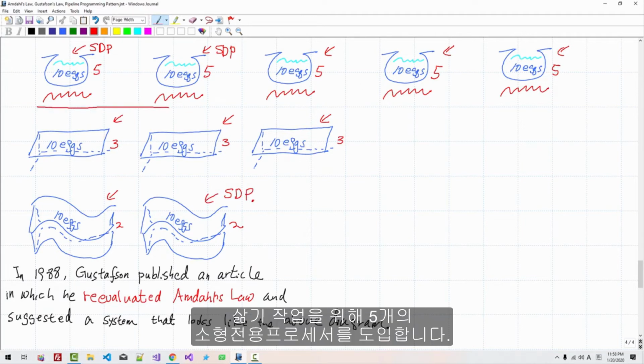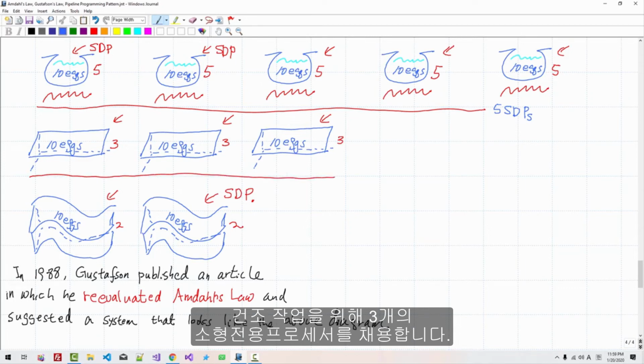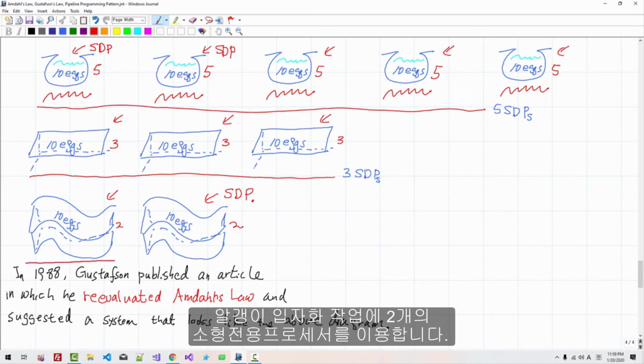In the boiling stage, we employ 5 small dedicated processors. In the drying stage, we introduce 3 small dedicated processors. In the granulation process, we employ 2 small dedicated processors.